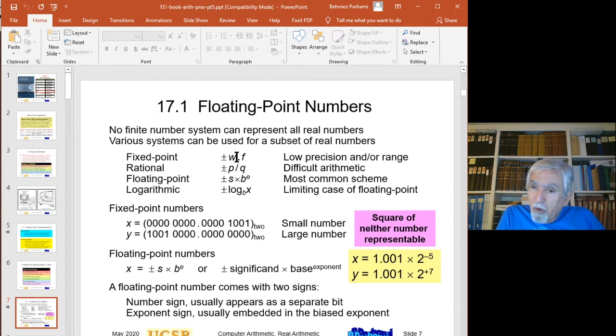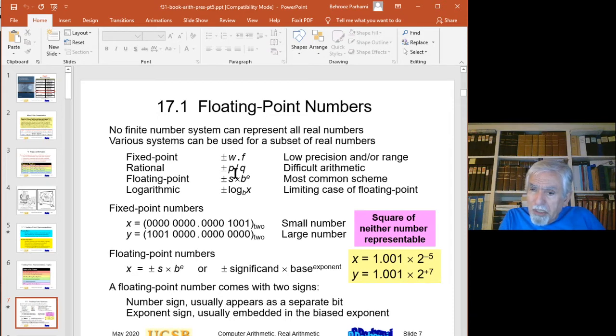Fixed point numbers have a whole part W and a fractional part F, and a radix point, which is often implied, so it's not explicitly represented. So we may have, for example, a 32-bit format in which there are maybe 20 bits in the whole part and 12 bits in the fractional part. That's an example of a fixed point representation.